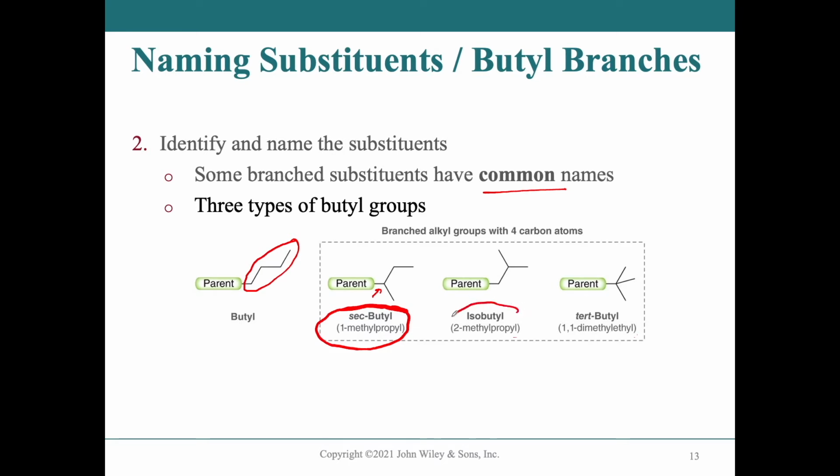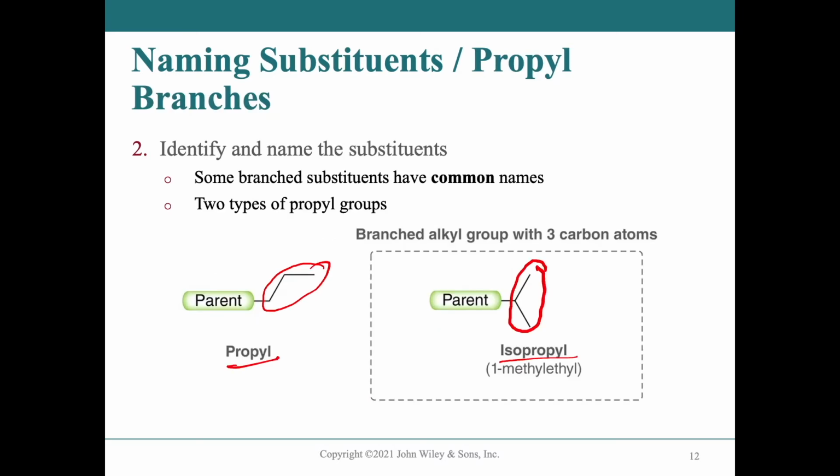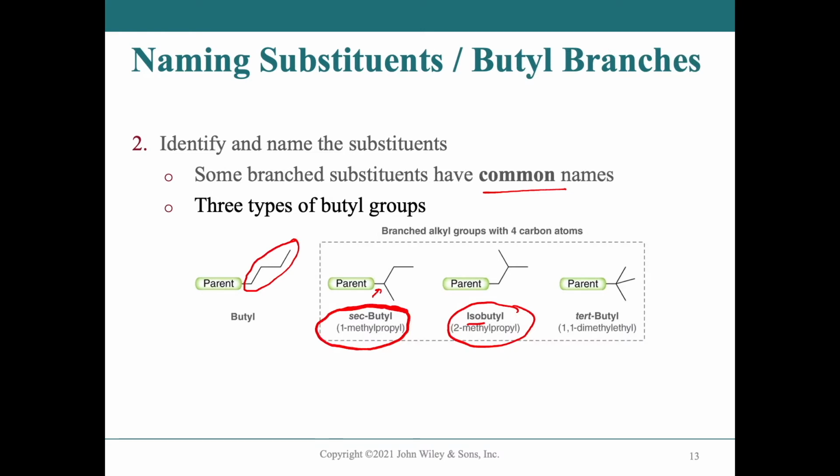This one here is called an isobutyl because it almost looks like an isopropyl, right? It almost looks like that, but it does have an extra carbon on it: 1, 2, 3, 4. And so that's why it's an isobutyl. And then the last one is called the tert butyl.